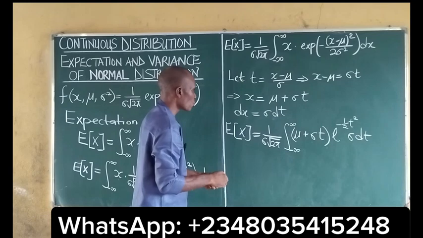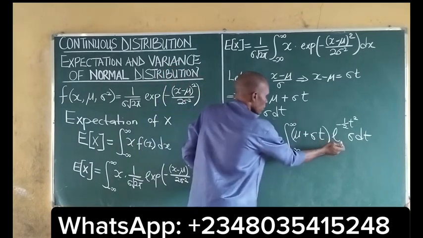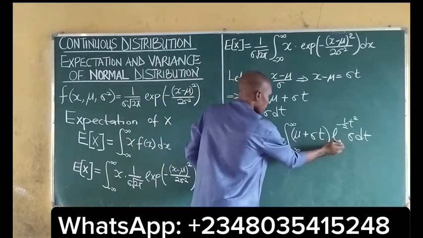The next thing to do is to multiply this by this and this by this.